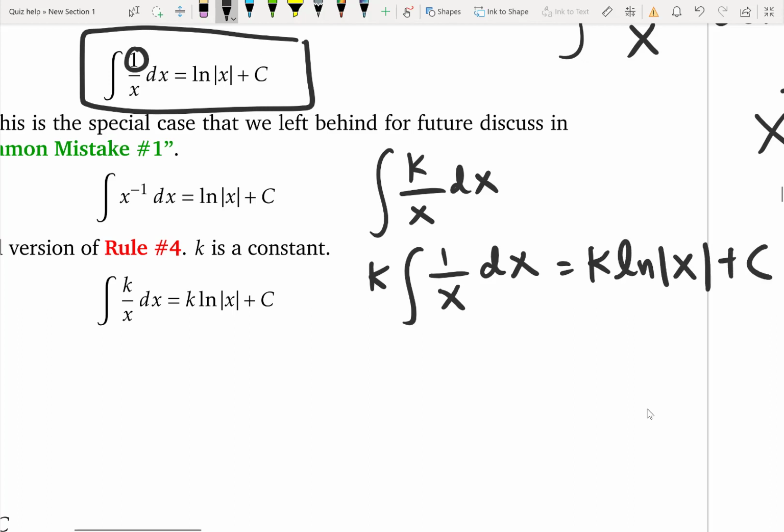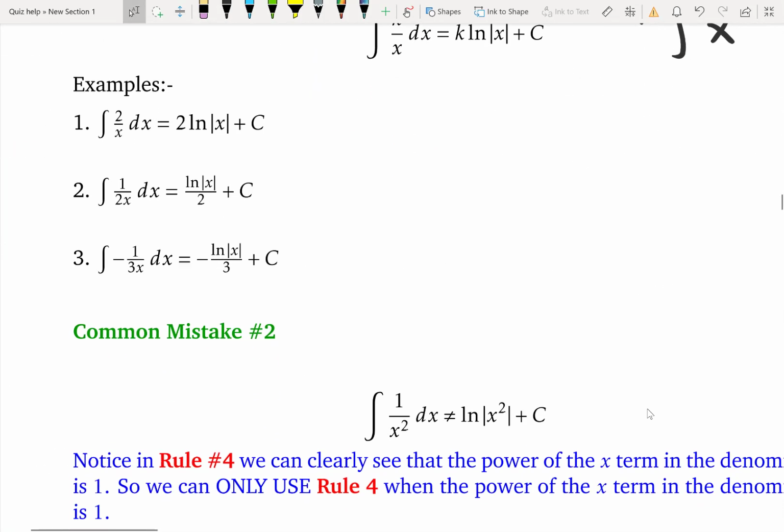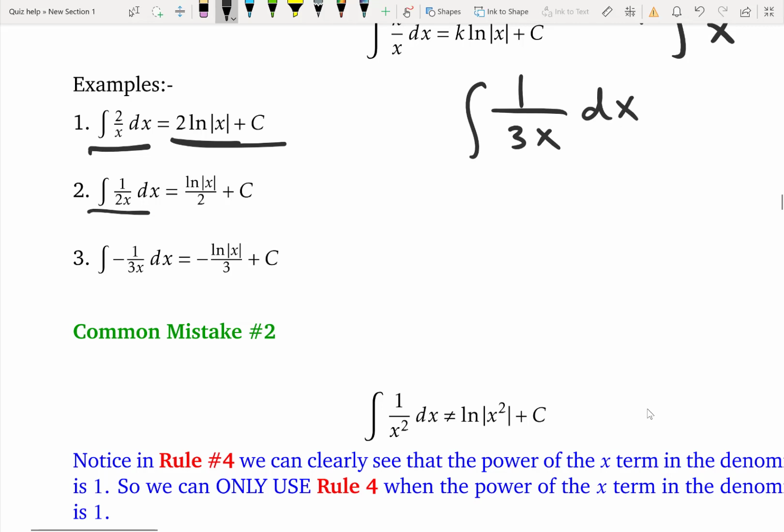Okay, let's do some examples here. If you integrate 2 over x, you can take out that 2. So you're integrating 1 over x. So 2 times the integral of 1 over x is natural log x. So the answer is 2 times natural log x plus c. How about when you have, let's create our own example, 1 over 3x.